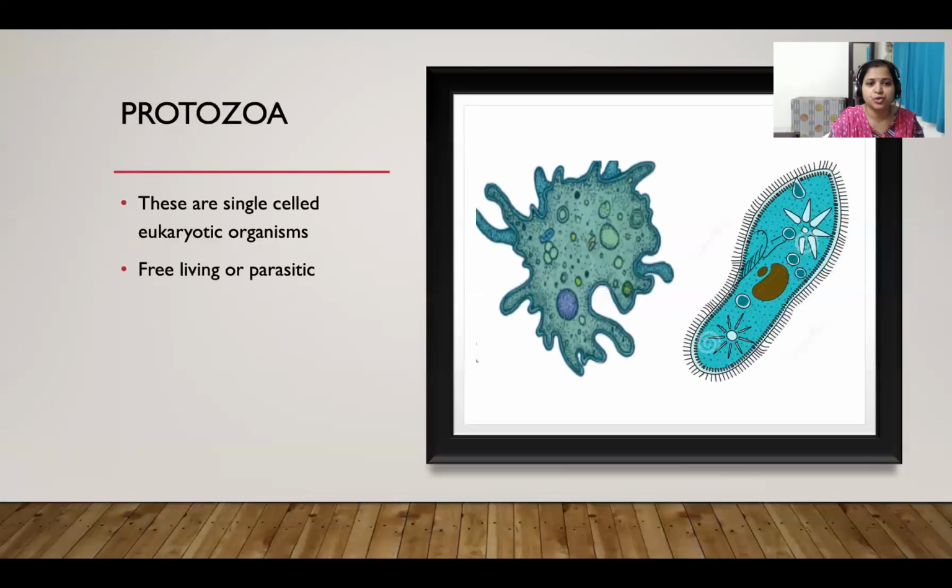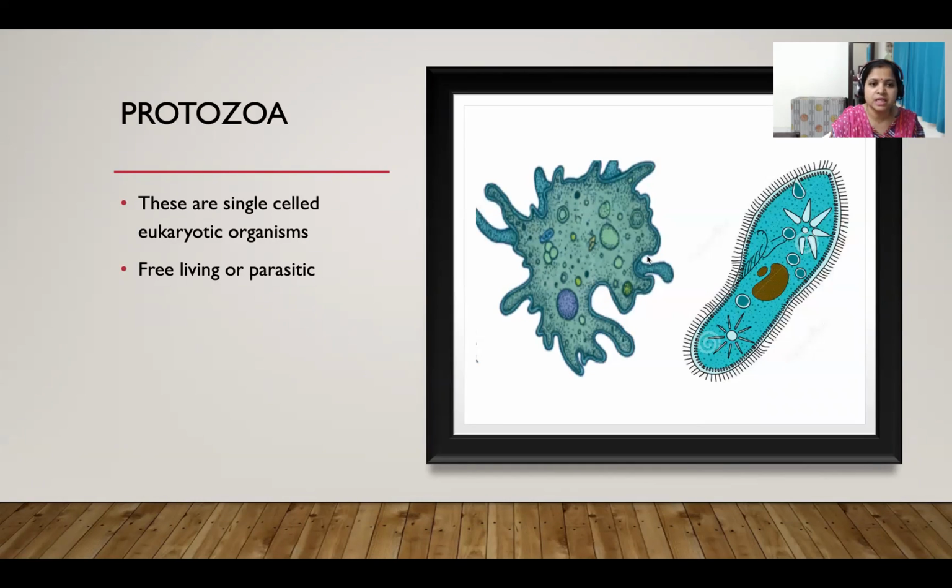Next comes protozoa, or singular, protozoan. They are also single celled, means unicellular, but they are eukaryotic organisms. So what is eukaryotic? Eukaryotic means they have well developed cell organelles. They may be free living, but they may also be parasitic, means they get their food from the host body.